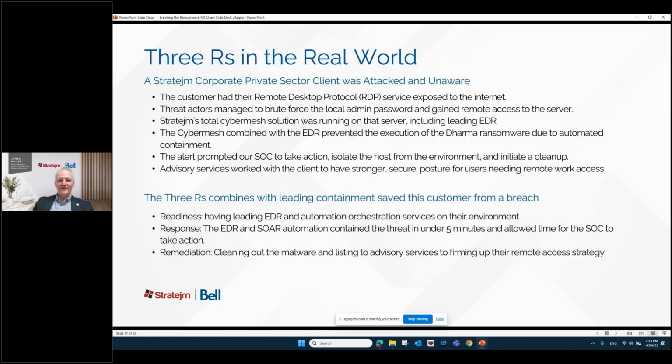And I wanted to highlight that this is not just theory that I'm talking about. We do this every day, and we've done it in the real world. And this is one of our cases that really happened at our security operations center.